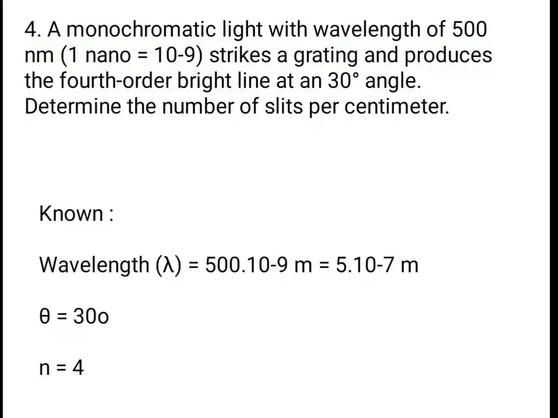So the given values are: wavelength lambda is equal to 500 into 10 power minus 9 meters, that is equal to 5 into 10 power minus 7 meters. Theta is equal to 30 degrees and the order is 4, that is n equal to 4.